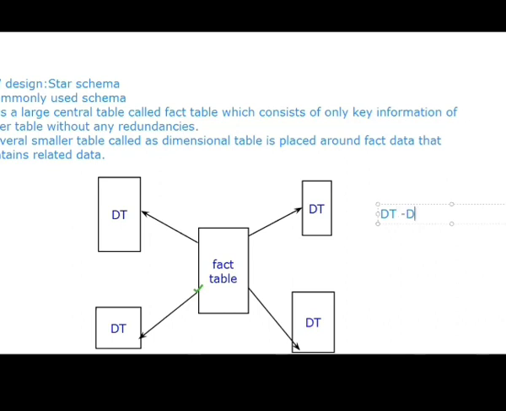So DT represents a dimensional table. That is the example for a star schema. Now this star schema doesn't have enough information because we need to write exactly what are the information that is present in the fact table as well as the dimension table. Okay, let us end this session.